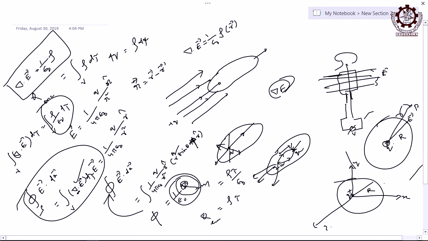So how much will be the value? The magnitude of the electric field times the area, 4 pi r square, must be equal to 1 by epsilon 0 times the charge enclosed. Gauss law tells that, and this r is the radius including that point. Then you can find this E.